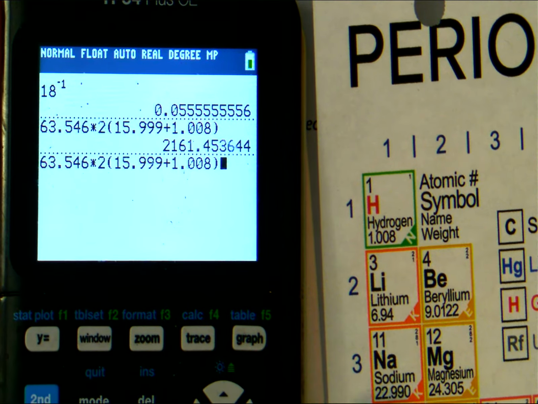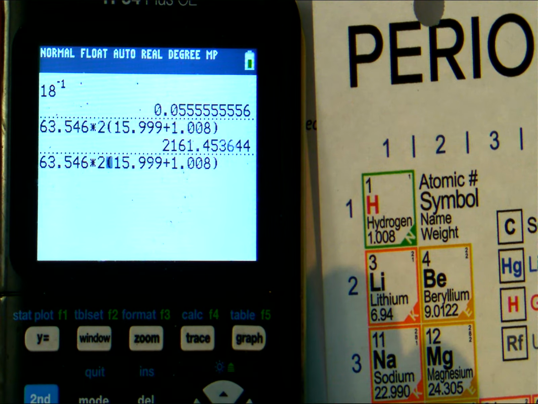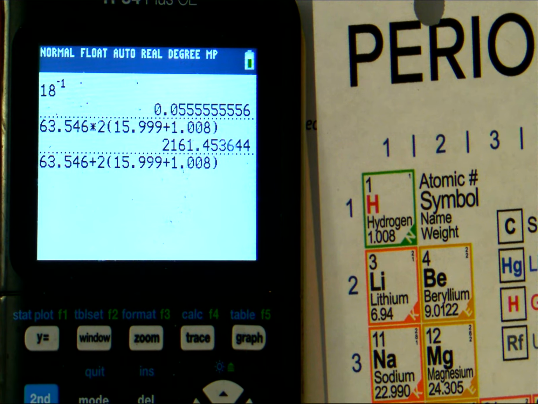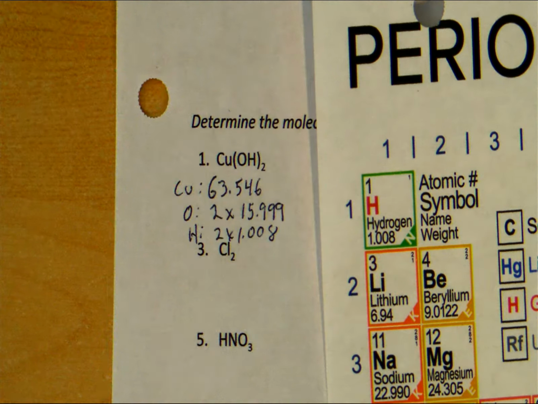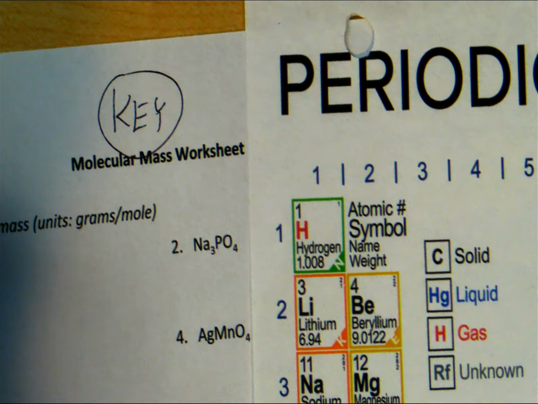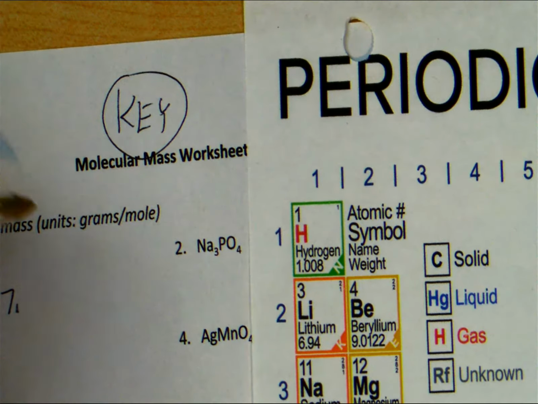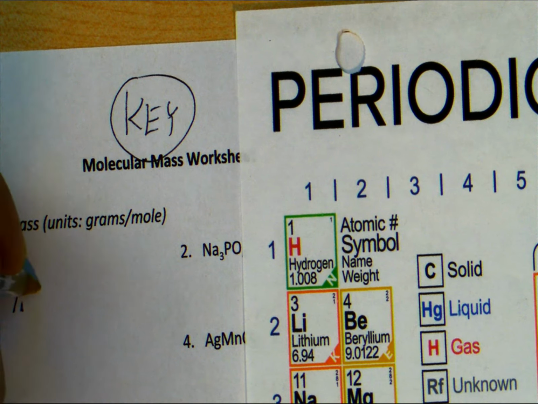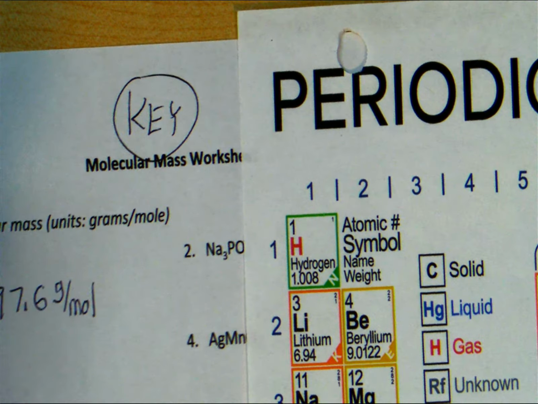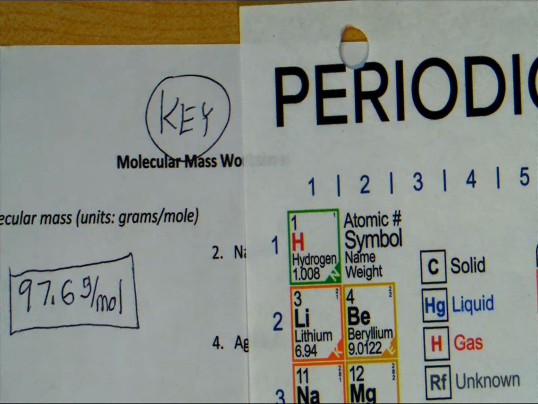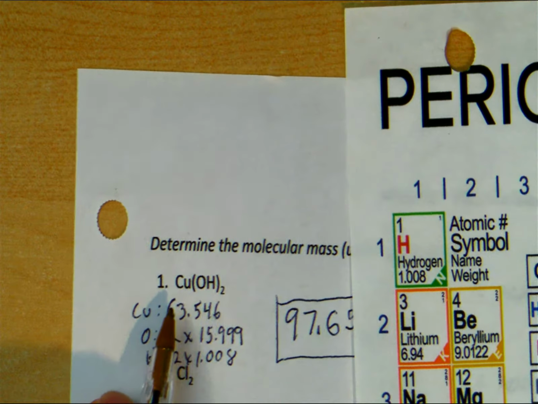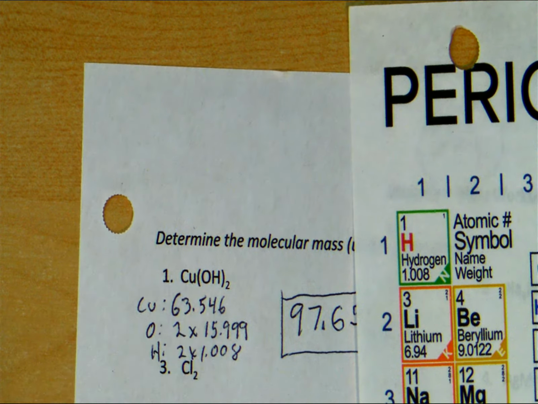So let me recall this instruction and replace that multiplication symbol with a plus sign, enter, and I get a much more reasonable, believable value, 97.56. So 97 point, I'll round it off and call it 6 grams per mole. That is the molecular mass of copper 2 hydroxide.